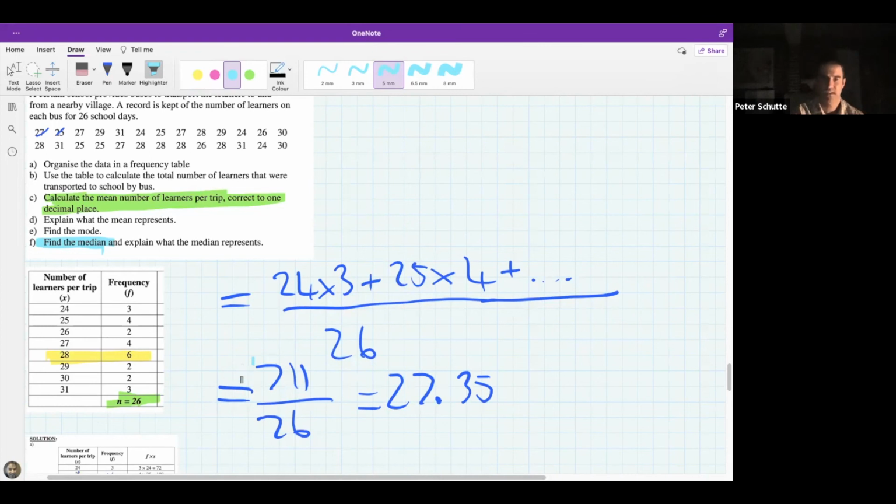Think about what techniques we've used so far in the lesson, and then we'll go from there. So normally with the median, you have to find the position. So think about that first, and we'll go from there.